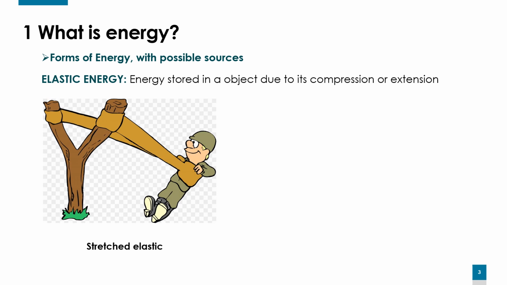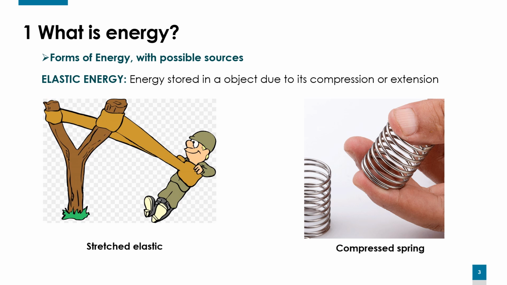When we release it, we liberate this energy that makes it move. Or the compressed spring. When we compress it, there is energy stored in this spring. This is also called elastic energy.